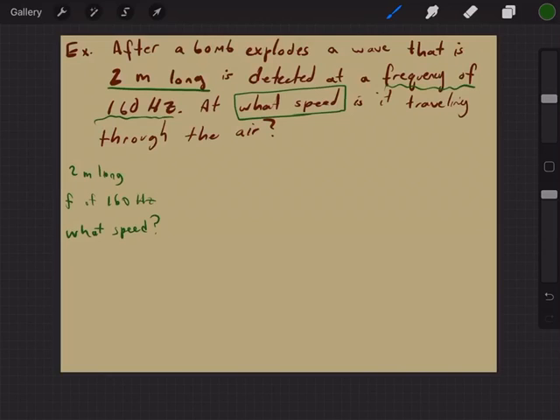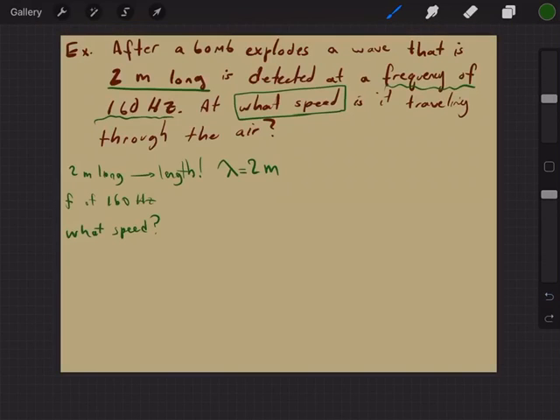I always like to do this where I underline things that are important. Numbers, keywords, stuff like that. So 2 meters long, that's length. Well, then that must be the wavelength. So that must mean that lambda is 2 meters, since we said earlier that lambda can be measured in meters.